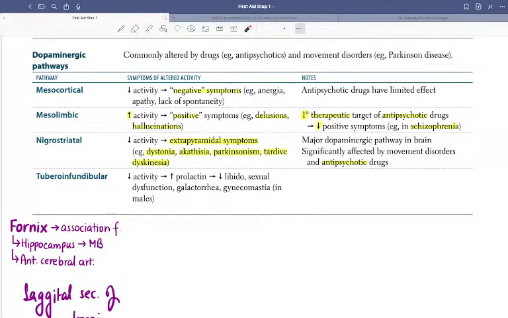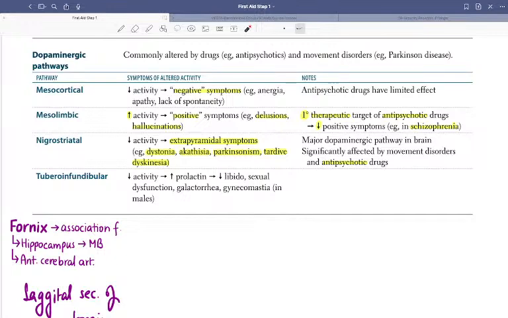Positive symptoms are something that is added, something that was not there and newly comes up. That is delusions, hallucinations, and so on. When the activity is increased in schizophrenia, kind of like mania, you'll have more delusions and hallucinations, the positive symptoms.